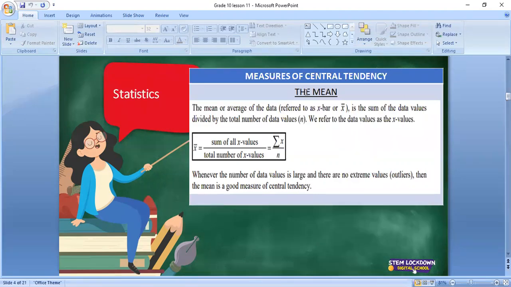The mean is not always the average, especially when there is something called an outlier. We'll look at that as we go through our other slides.